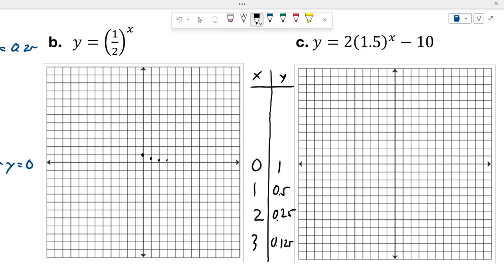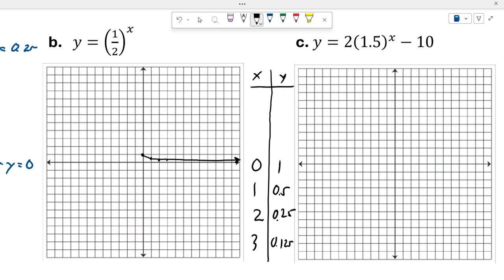So you can kind of see what's happening here. It's sort of like the mirror image of A, in that as x gets larger, as x goes to the right, you're going to keep raising this fraction to a larger power, and you're going to keep taking half of whatever it was you got before, right? If you go from x equals 4 to x equals 5, you've added another factor of 1/2.